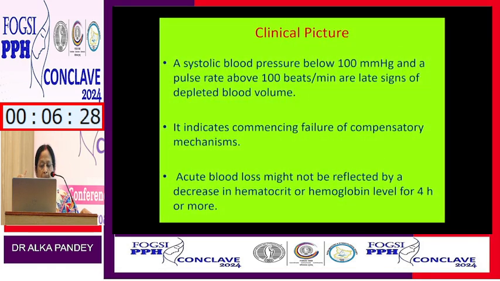A systolic blood pressure below 100 mm of mercury and a pulse rate above 100 beats are late signs of depleted blood volume. It indicates commencing failure of the compensatory mechanisms, and acute blood loss might not be reflected by a decrease in hematocrit or hemoglobin level for 4 hours or more.